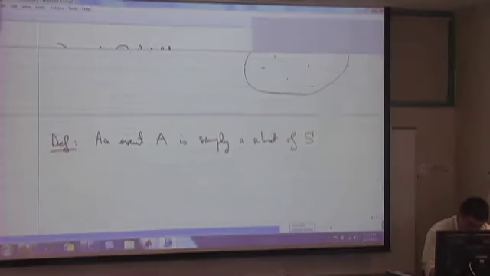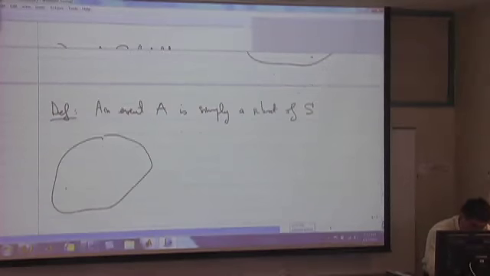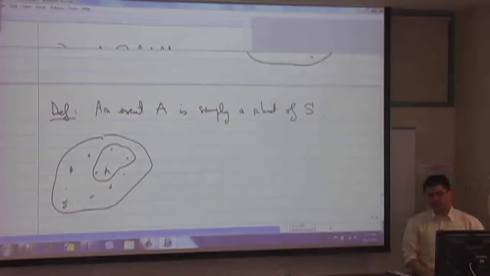Okay? So again, thinking of it as a finite or discrete sample space, if I only take a subset of this and call this A, then I'm calling this an event, right? And I can give it a name.